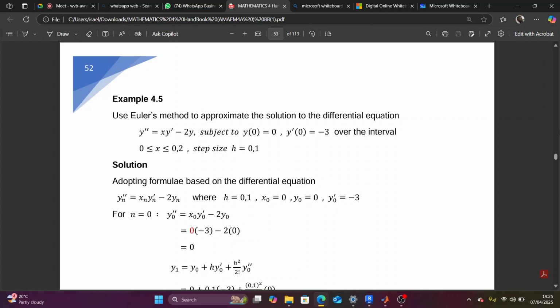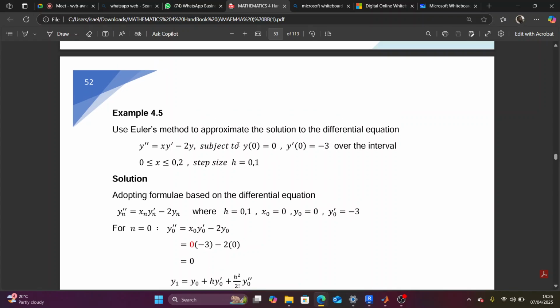Just like we did with the previous example, here also you do have a step, you do have x0. The only difference now, when you have a second order, is that you have the second derivative as well. That is the difference, guys. But what is the first rule, Mr. Trinity?